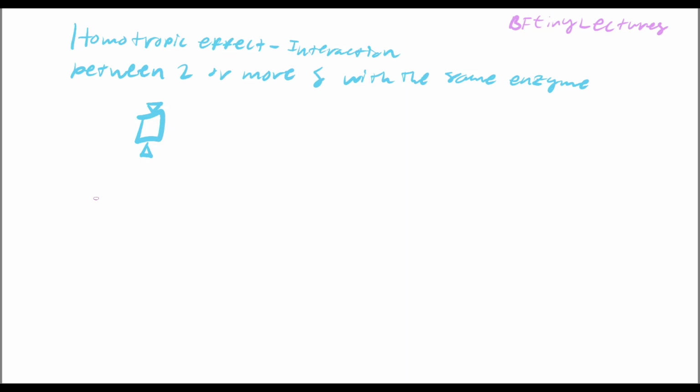But let's talk about heterotropic effects. Essentially it's the same thing, but instead of having two of the same things or more, you have two different things, with different molecules.